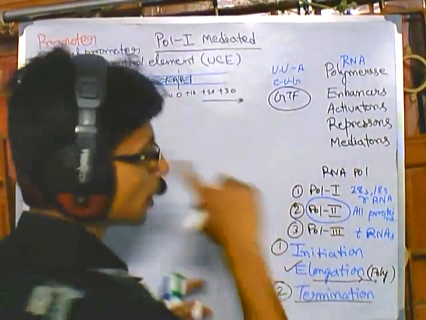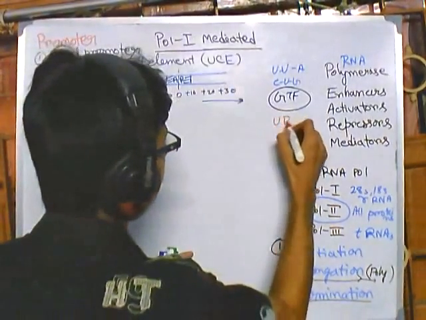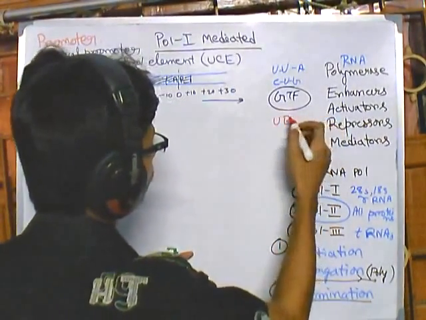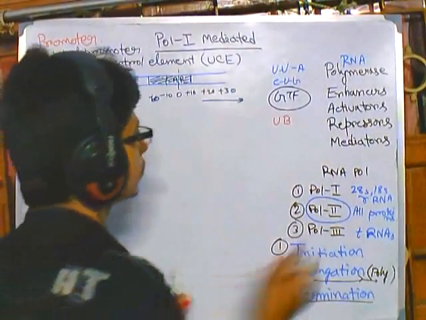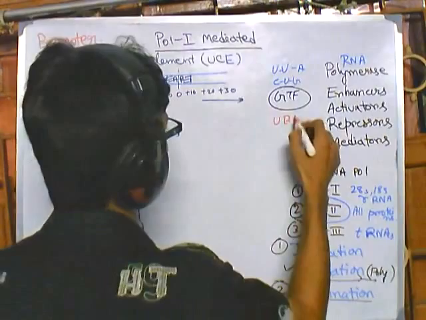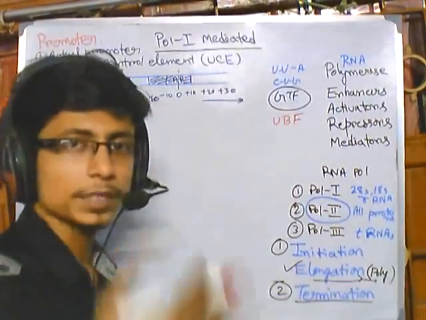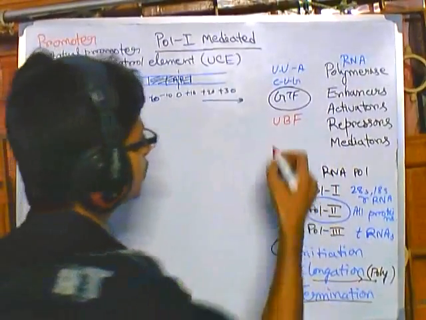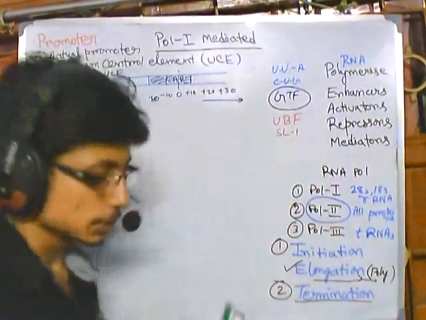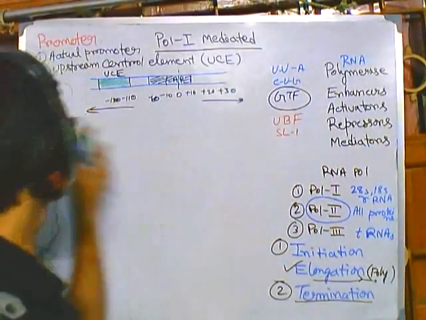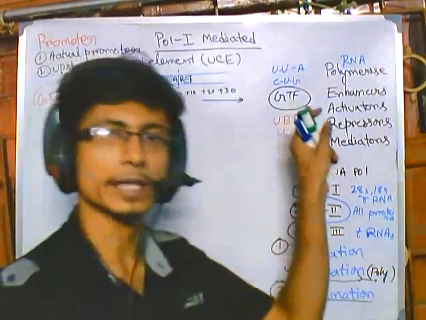One of them is the upstream binding factor, UBF. Another one is called SL1. These two are among the GTFs, or generalized transcription factors.